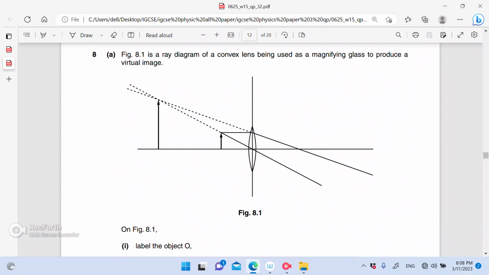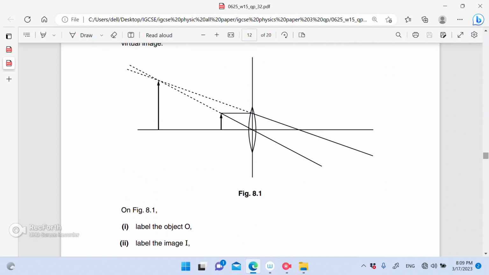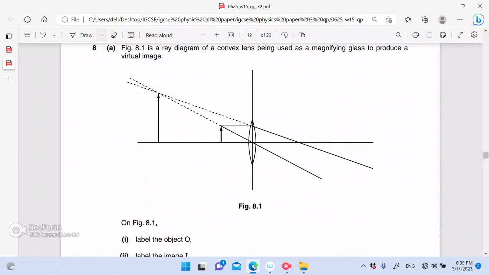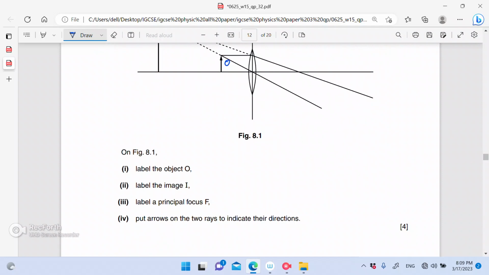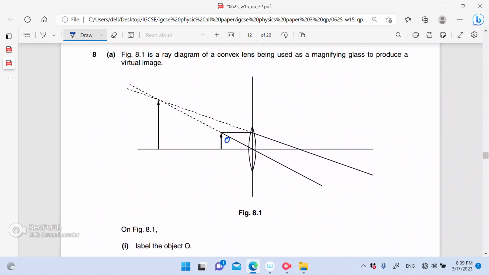So you can see this October number 15 question 32, convex lens being used as a magnifying glass. Okay, so they are saying label the object. The object is closer to the lens. This is the object, and they label the image.